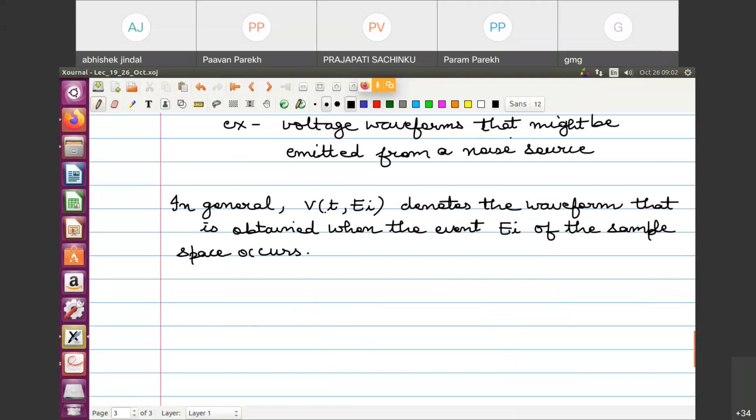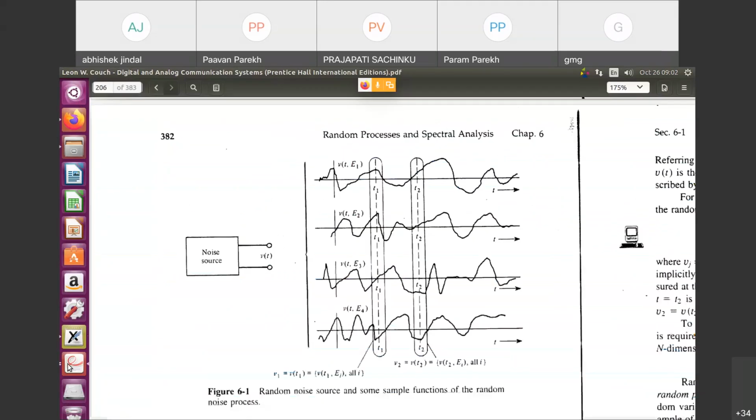So what essentially we are doing is, let us say this y is a function of two variables, t comma e. Now t gives us the time variation, and e gives us the randomness. If we are looking at t1, then e is varying: e1, e2, e3, e4.